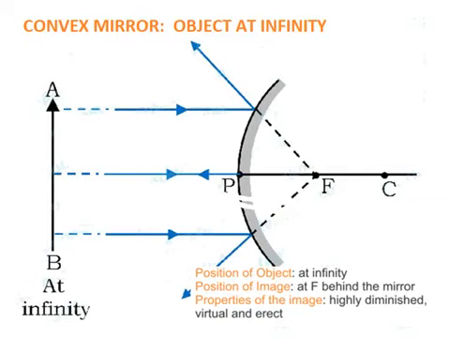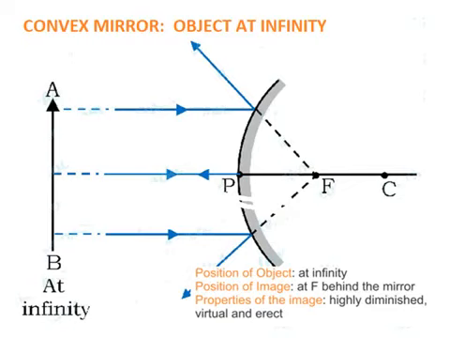So when an object is kept at infinity in front of a convex mirror, you get the image at the focus on the other side of the mirror. The image size is very pointed.